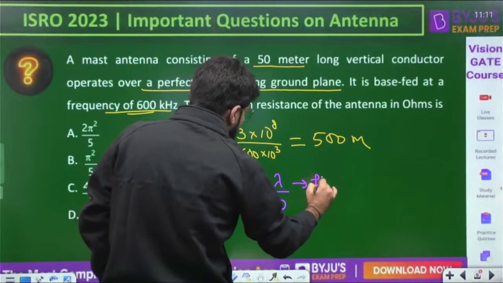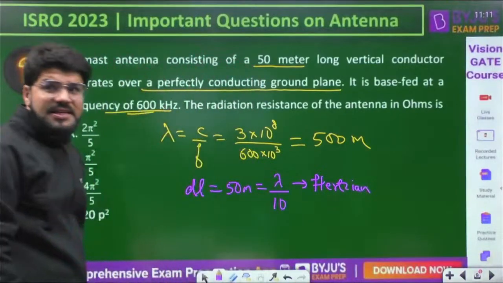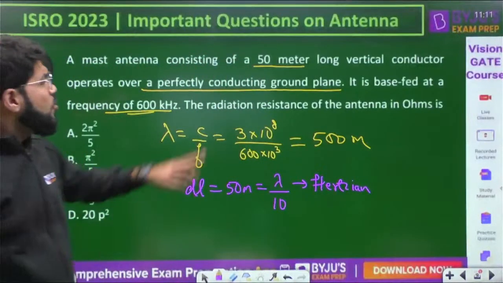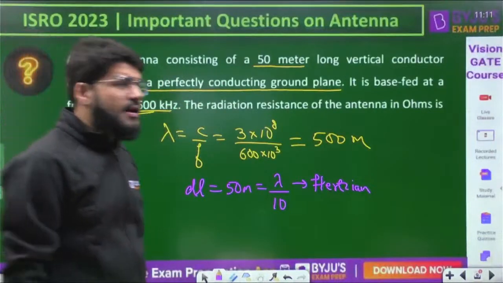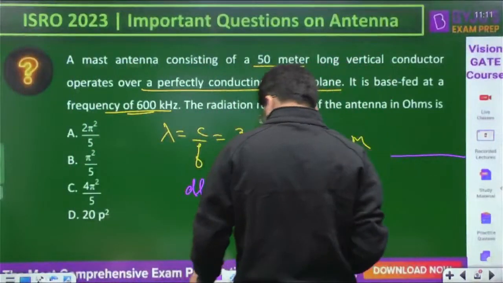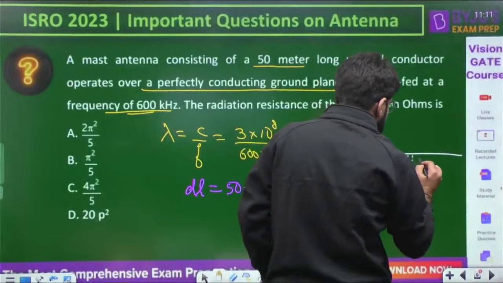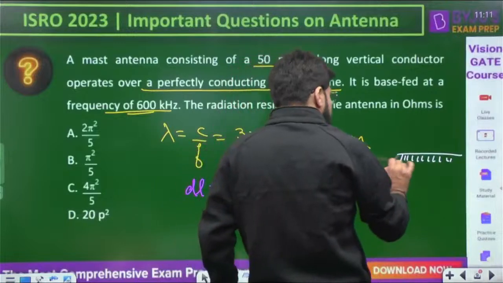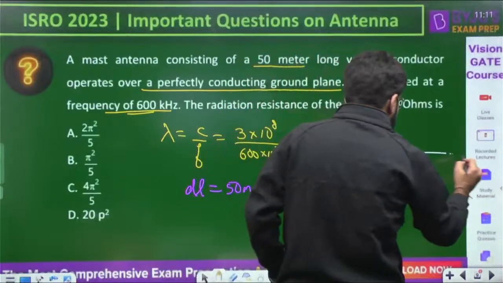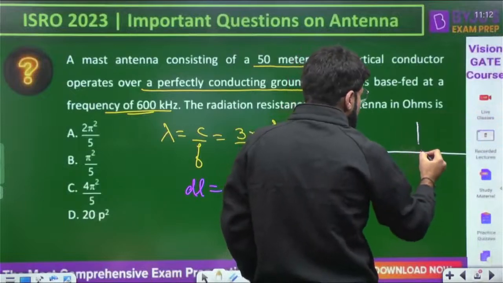So we can think about a Hertzian. But is it a Hertzian dipole? It is only a long vertical conductor which is operating above a perfectly conducting, infinite ground plane.